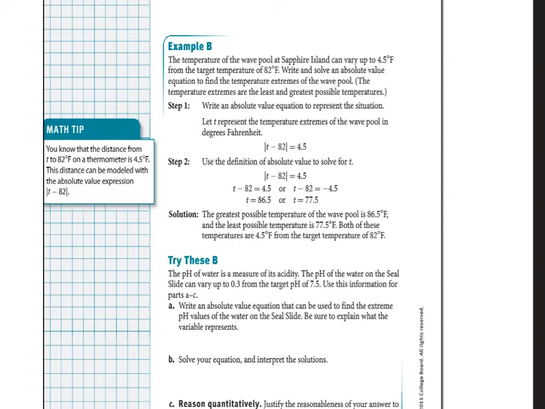So the way this works, as you notice, the 4.5, that's how much it can vary, right? We said that's what the absolute value can be, or equal. So in this case, we're not varying from 0, we are varying from 82 degrees. Basically the temperature minus 82, if we take the absolute value of that, that needs to be 4.5.